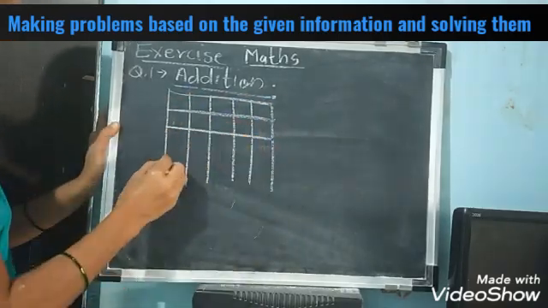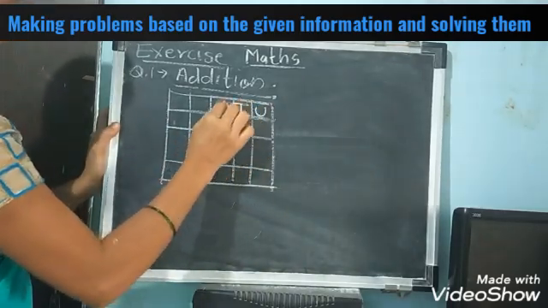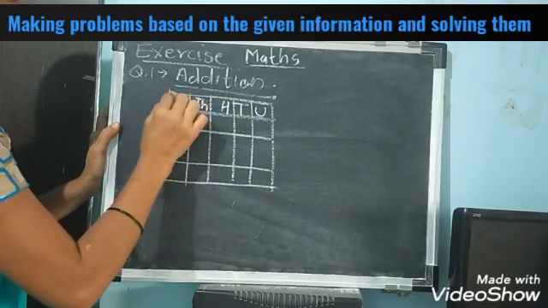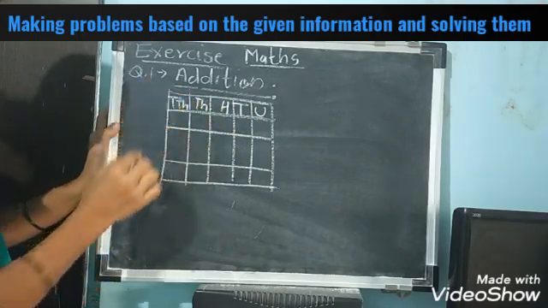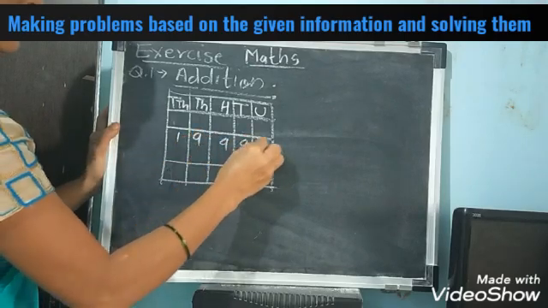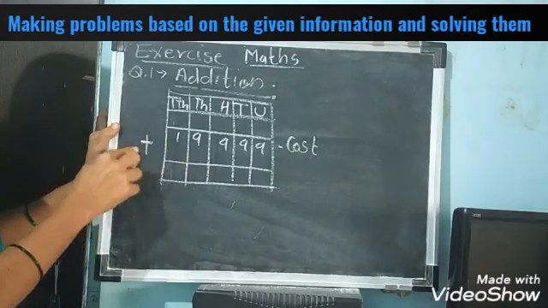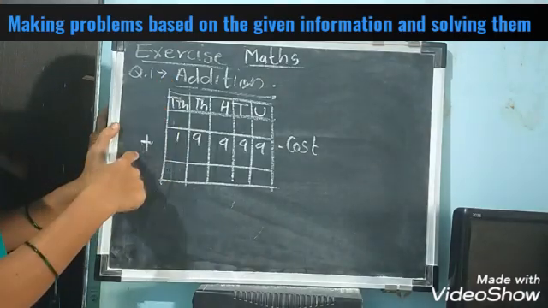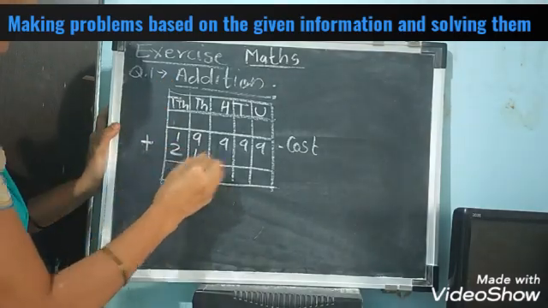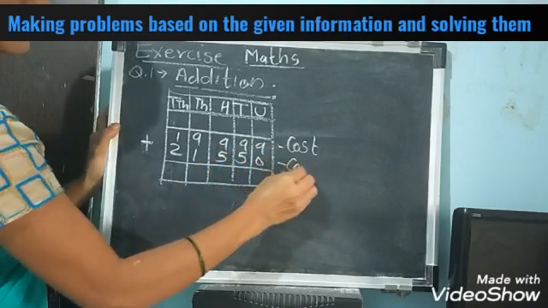Here carrying over if it is there. Here numbers and answers. Units, tens, hundreds, TH shows thousands, TTH ten thousands. What is first? 19,999. What is this? Cost. Plus. It is an addition example, so plus. 21,550.